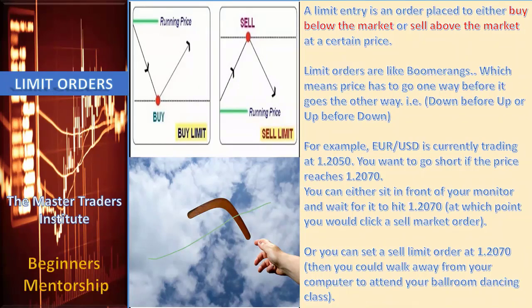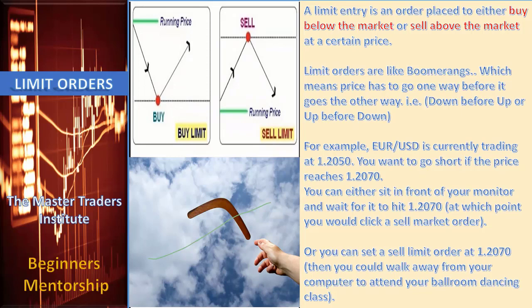So what you need to do is set your limit entry order at 1.2070 and go about doing whatever you're doing for the day. Once the market comes up to 1.2070, it will pick up your order. You will be entered into the trade at 1.2070. Now that means I will sell at that price. Yes, it will be sold to you at 1.2070.